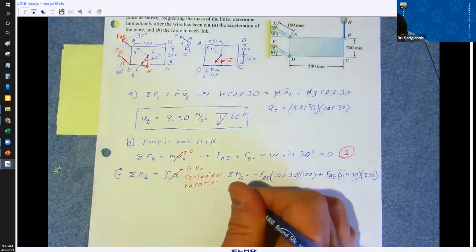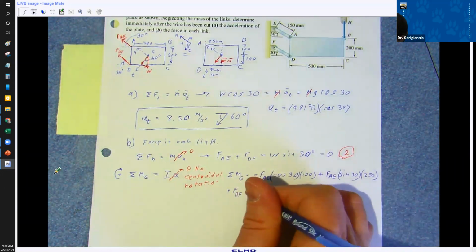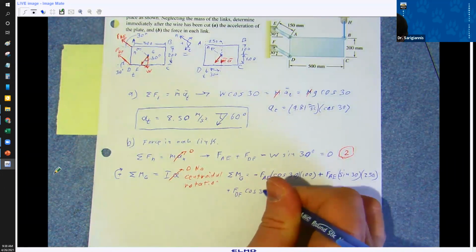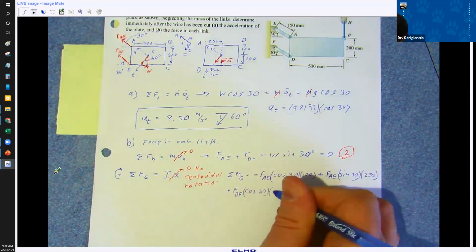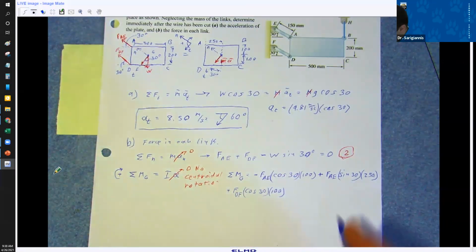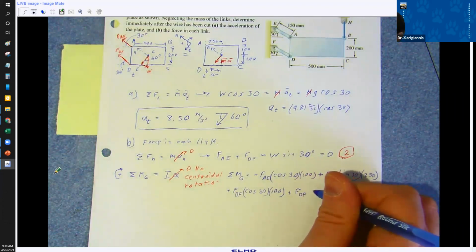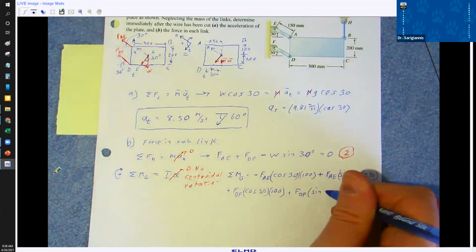So we've got plus FDF cosine 30 times 100. And then we've got the y component of FDF, which is the same as above.